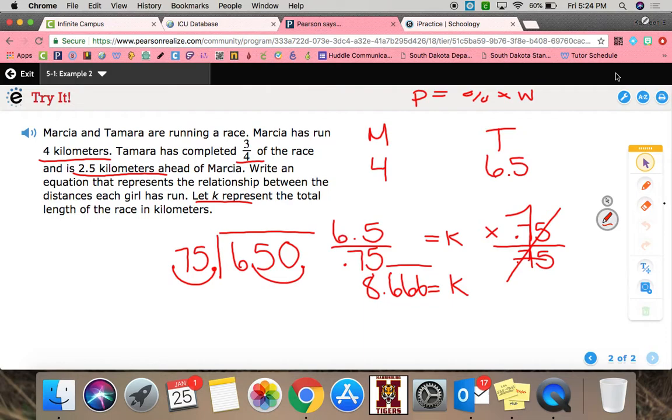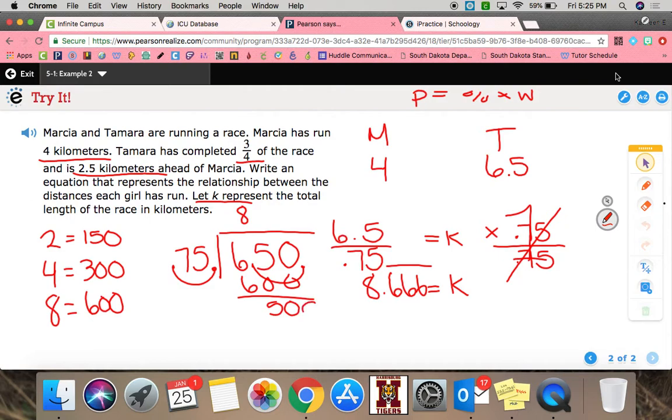How many 75s go into 650? Well, I know that 2 is 150, which means that 4 is 300. Okay, I'm halfway there, and I know that 8 is 600. So it goes into it 8 times, and it's 600.